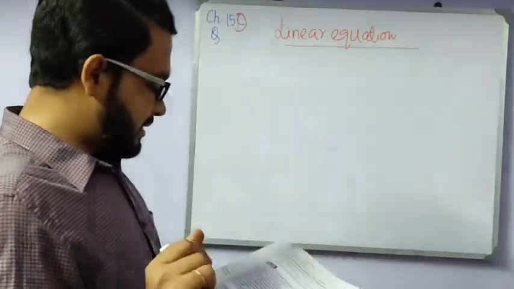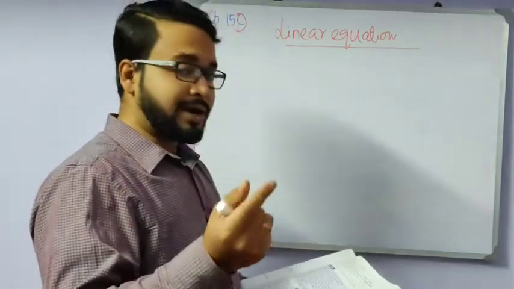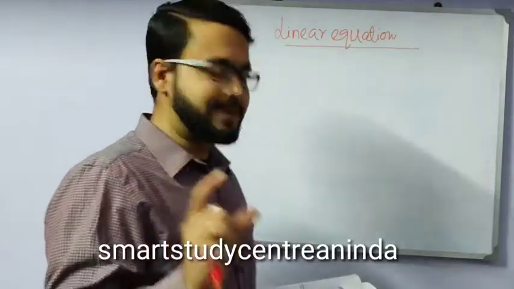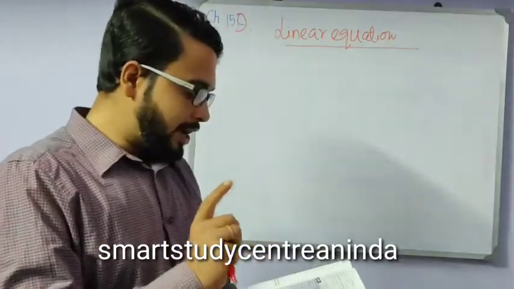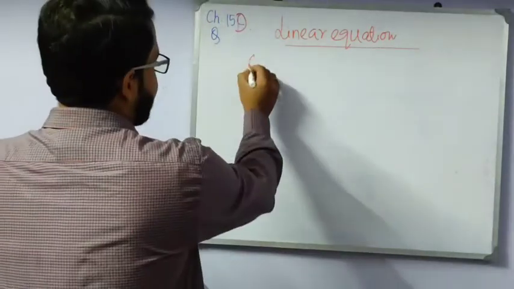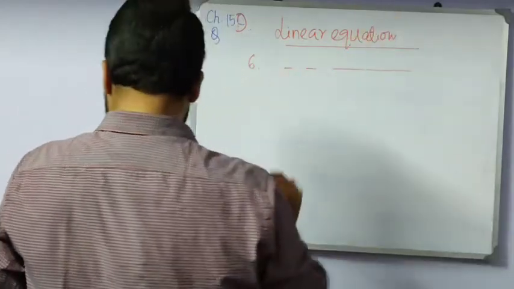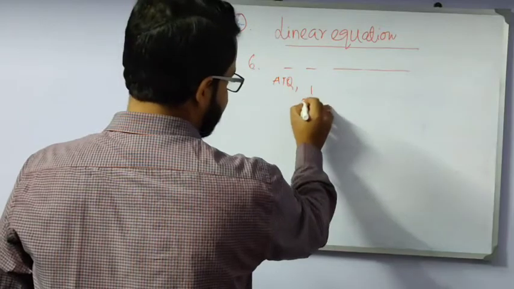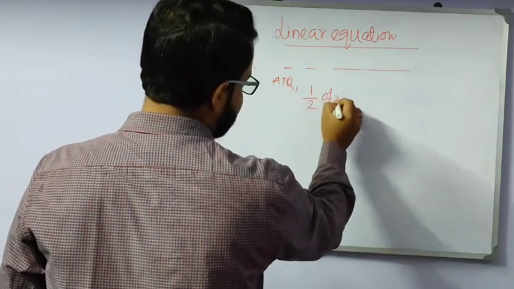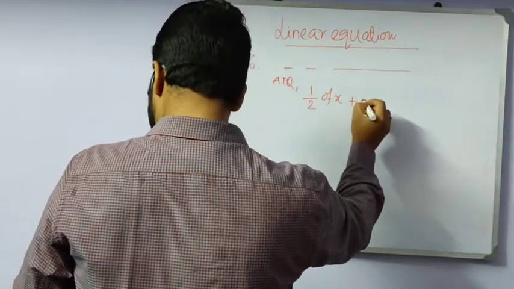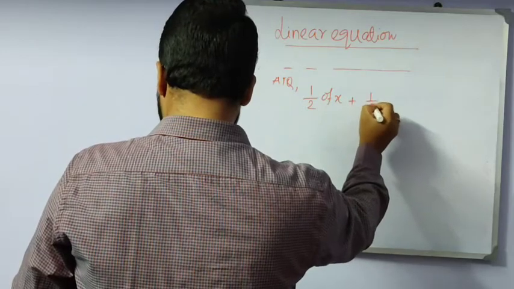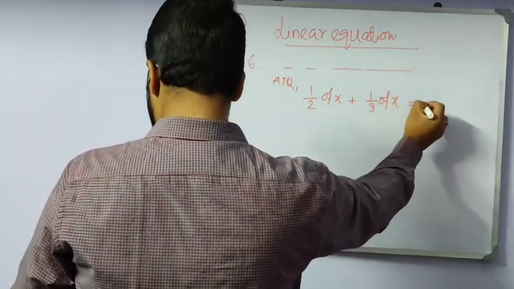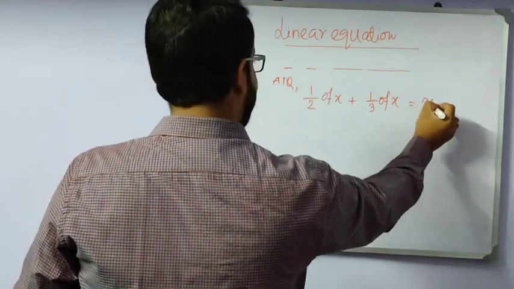Question number 6. 1/2 of a number added with 1/3 of it gives 25. We have to find out the number. First you have to write, let the number be x. Next, according to the question, 1/2 of x is added with 1/3 of x, which gives you 25.